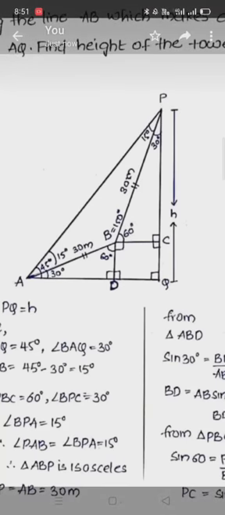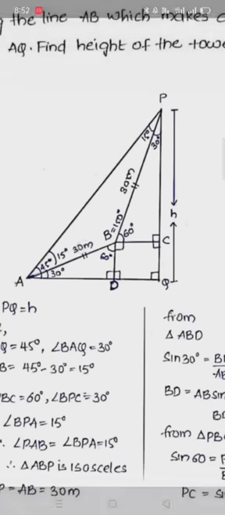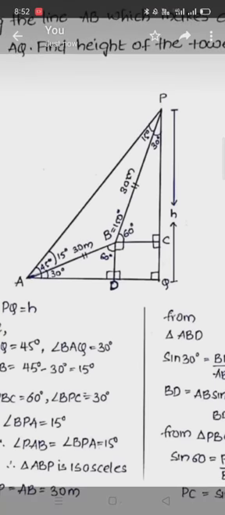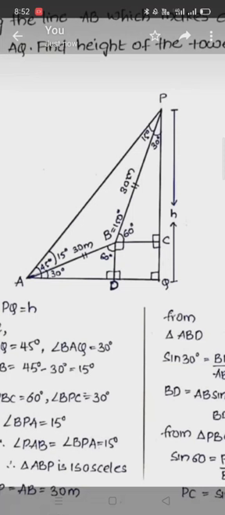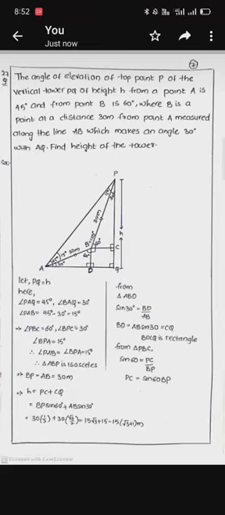The distance AB bar is given as 30 meters, and the angle of elevation from A to the point B is 30 degrees. We need to find the length of the tower PQ bar, that is, the h value.